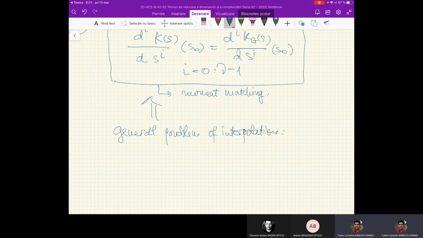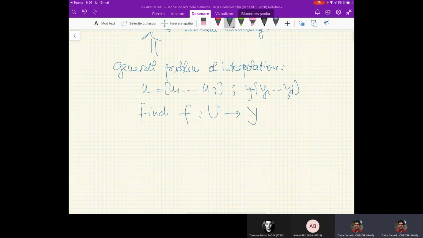Essentially, given two sets of data, U, this is U1 to U ni, and Y, which is Y1 to Y ni, find F defined on U with values on Y, such that F of UI equals YI.